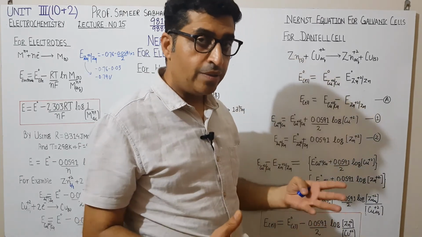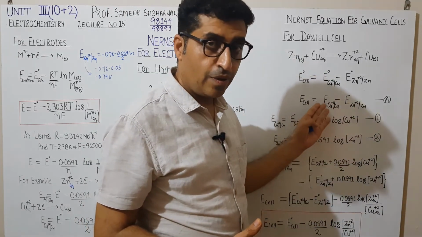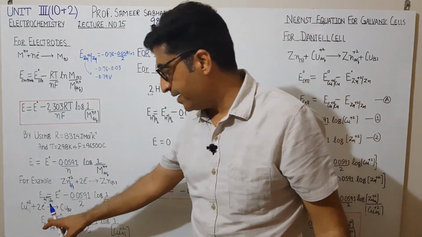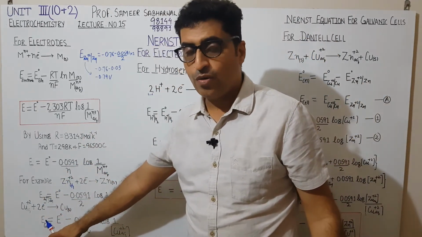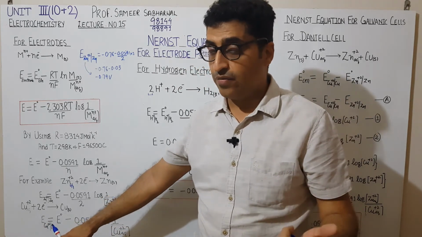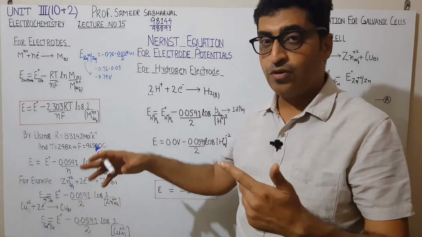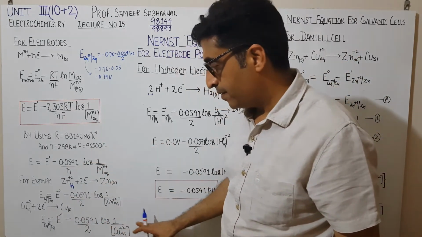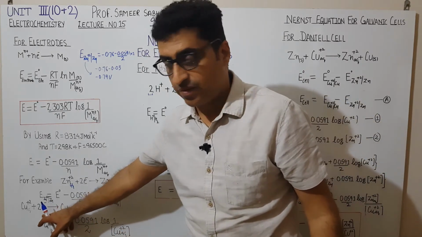May I know the E copper ion to copper? Of course, we did it for particular electrodes. That is E copper ion to copper is equal to E naught copper ion to copper, E naught is a standard value, minus 0.0591 by 2 log of 1 over copper ion. Why 2? Because 2 electrons are transferred.